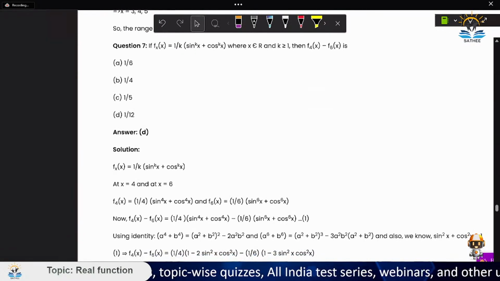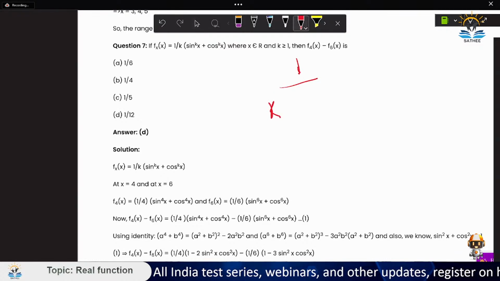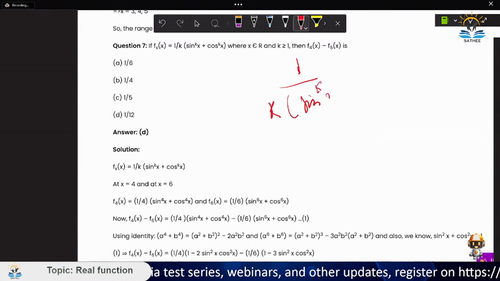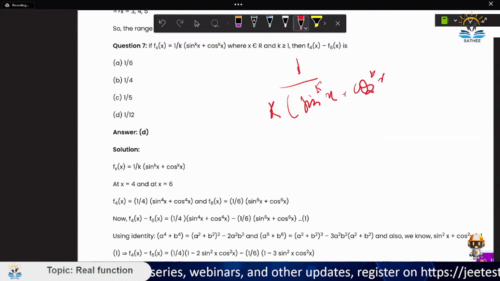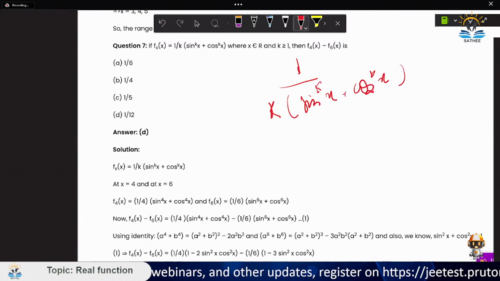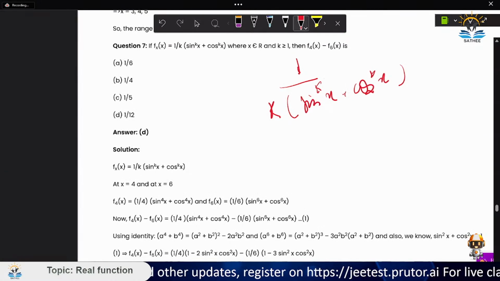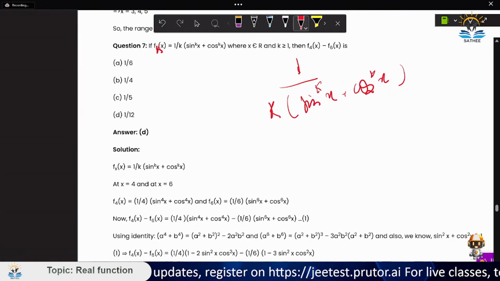This question looks interesting. So what is given to us is f_k(x) is 1 by k into sin^k x plus cos^k x. Like these k are in the power, right? So I think there is a mistake. It should be f_k.